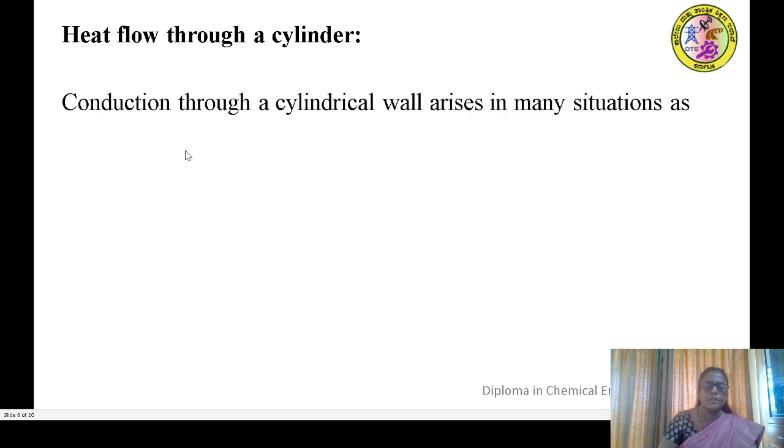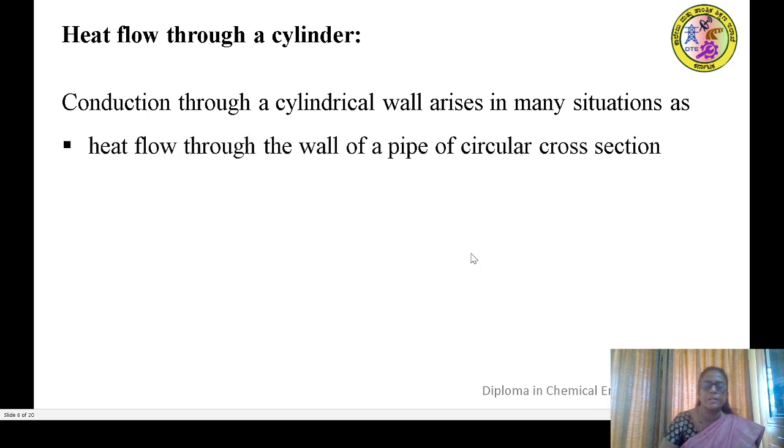So, a case of conduction through cylindrical wall arises in many situations. For example, when heat flows through the wall of a pipe having a circular cross section. That is a typical case of conduction through cylindrical wall.